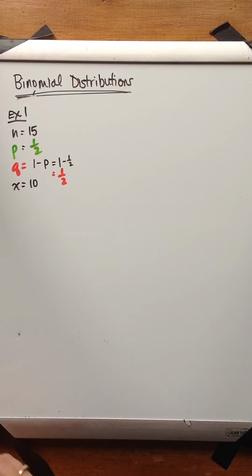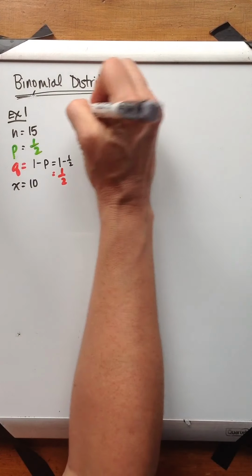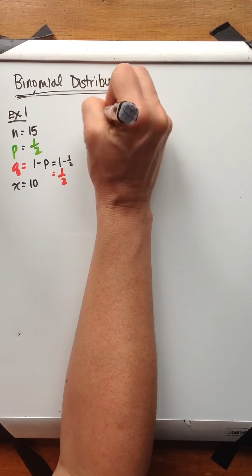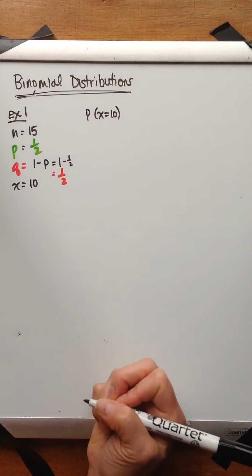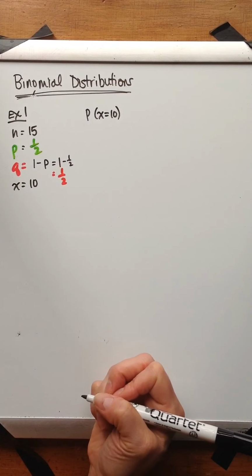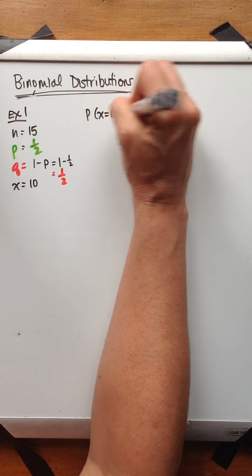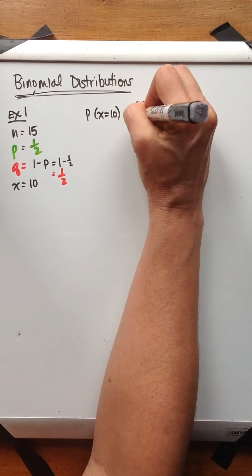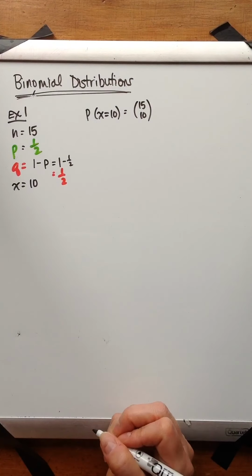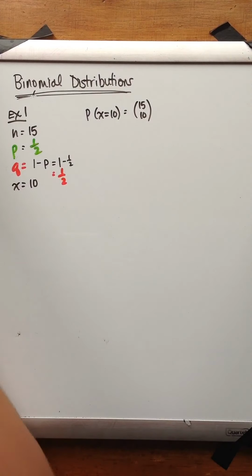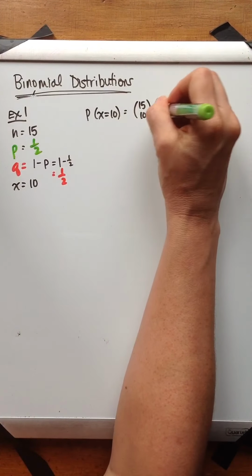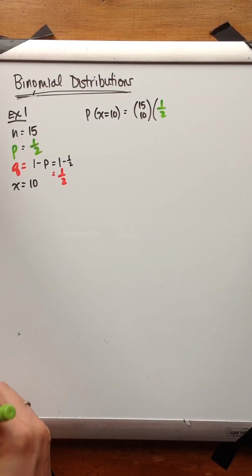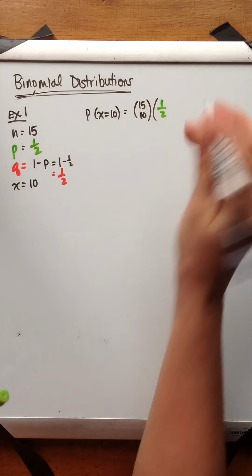Let's plug these values into our new binomial equation for probability and see what happens. So the probability when x is 10, or when we had 10 successful events, or we get exactly 10 heads, is equal to 15 trials, choose 10 successes. Then times our probability of success, which is 1/2, raised to the number of successes, which is x.